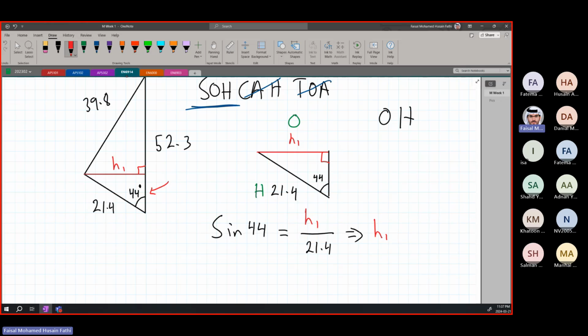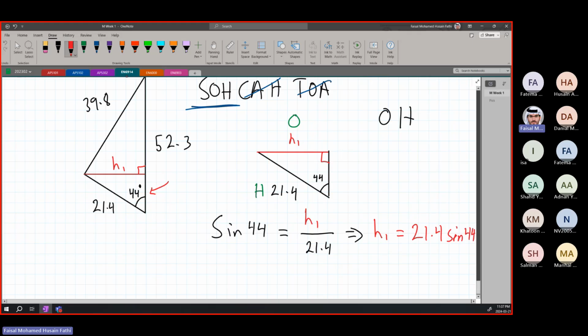H1 is equal to 21.4 sine 44. So if we just put this in the calculator, 21.4 times sine of 44, which is 14.9 meters. So we found our H1.